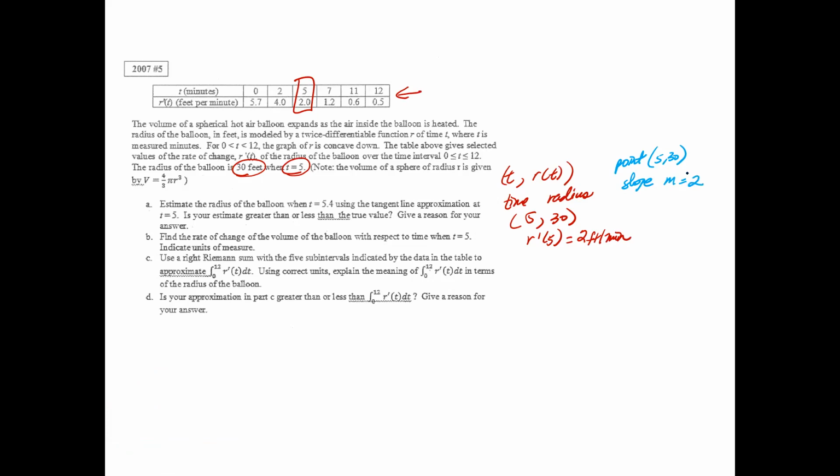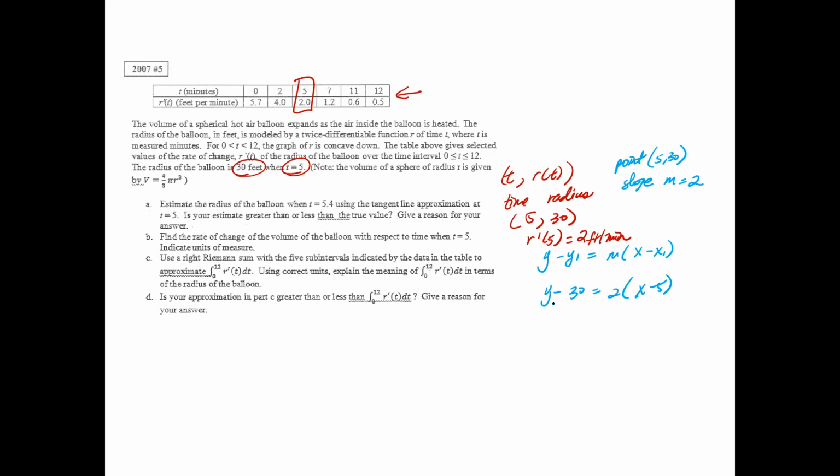All right, well, let's go ahead and plug this into the equation: y minus y sub 1 equals m times x minus x sub 1. So looking at this, y minus 30 equals 2 times x minus 5.